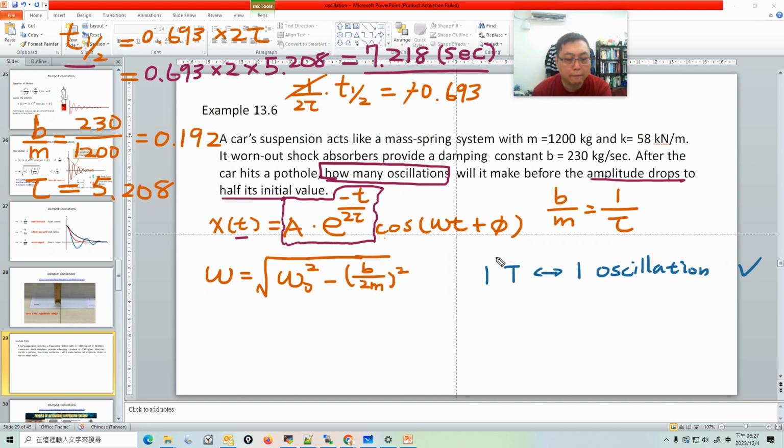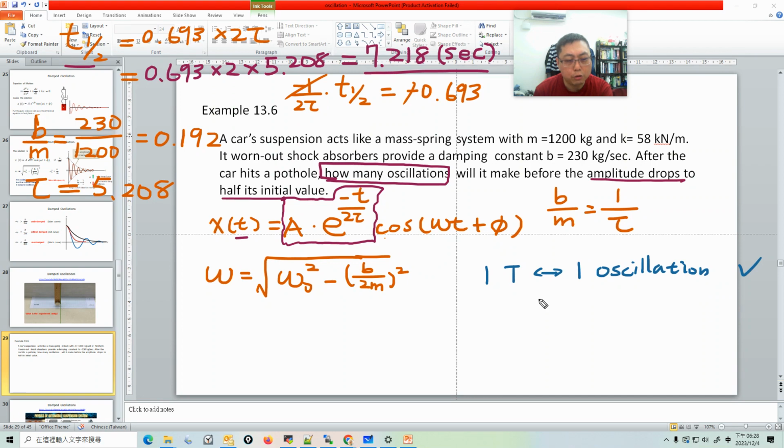So if we have the time and want to calculate how many oscillations, we just divide the time by the period. If we can figure out the time for doing one oscillation, we can figure out how many oscillations we did in 7.18 seconds.